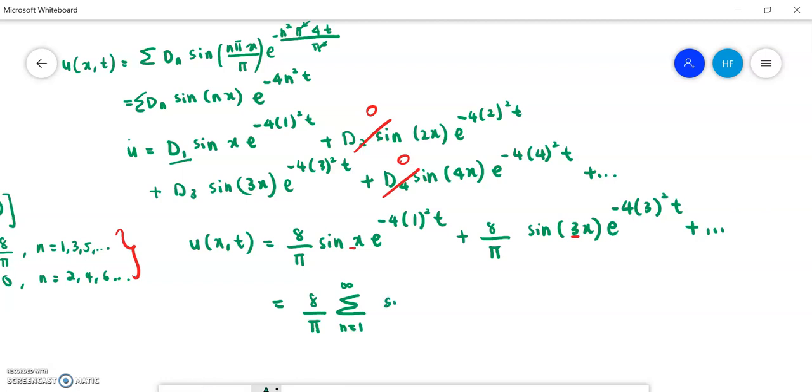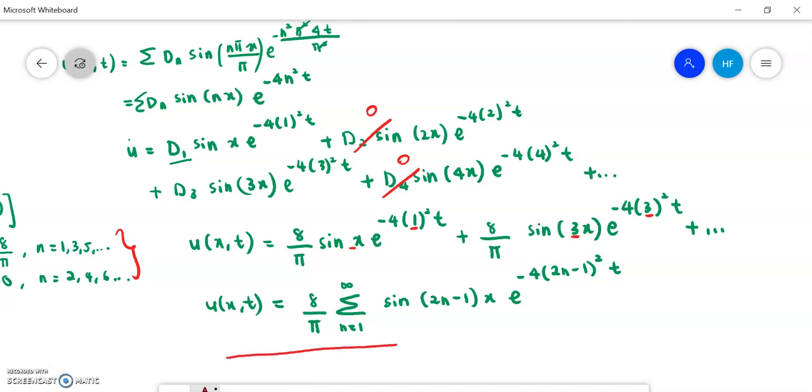So this can be written as sine (2n minus 1)x times e to the power of negative 4, and this is also increasing with odd numbers, or increasing by 2. We can write this as (2n minus 1) squared times t. So this is the solution of the PDE del u over del t equals 4 del squared u over del x squared. So this is the solution.